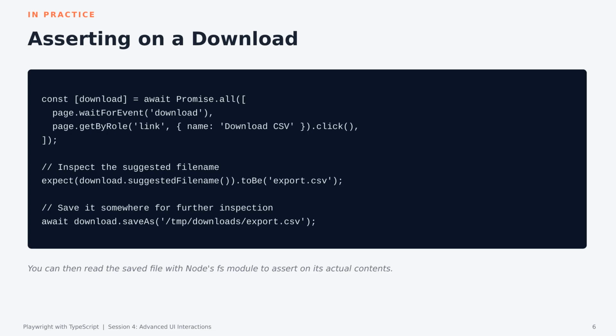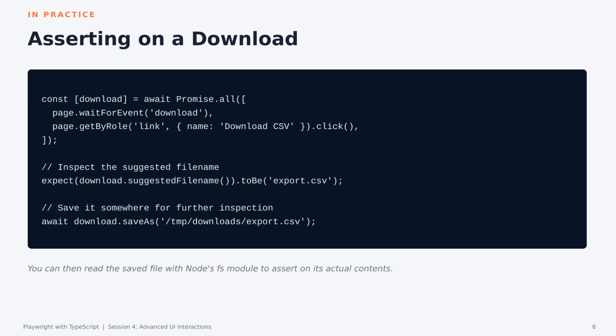Once you've captured that download object, here's what you can actually do with it. Same setup as before: Promise.all, waiting for the download event alongside the click. Then expect download.suggestedFilename() to be export.csv, so you can verify the browser is actually offering the correct file name, and then await download.saveAs, pointing it at a path like /tmp/downloads/export.csv.